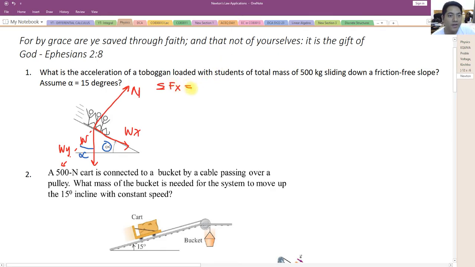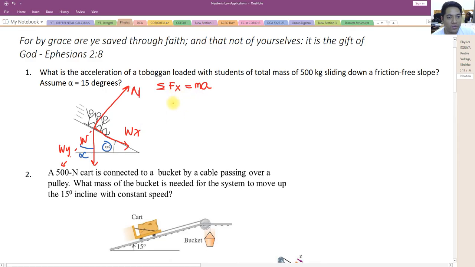The students are moving, so they have an acceleration, and by the second law of motion we have summation of Fx equals ma.